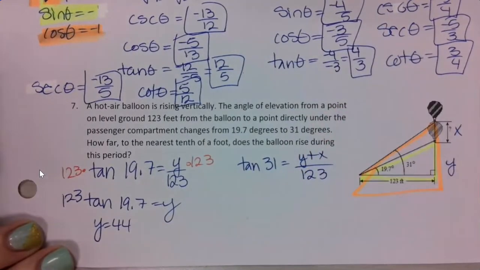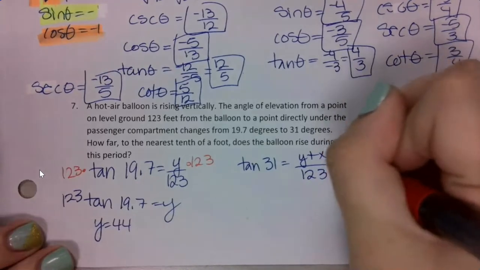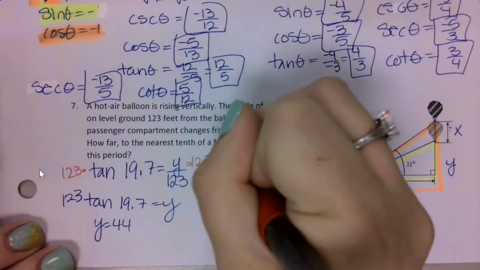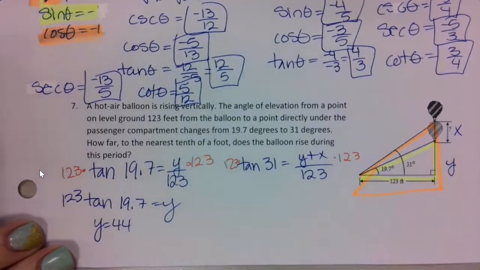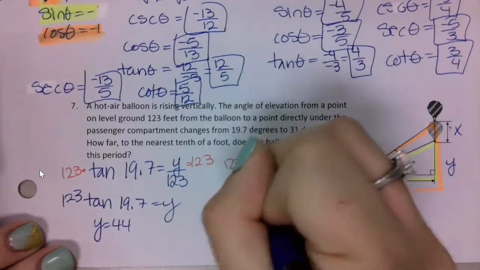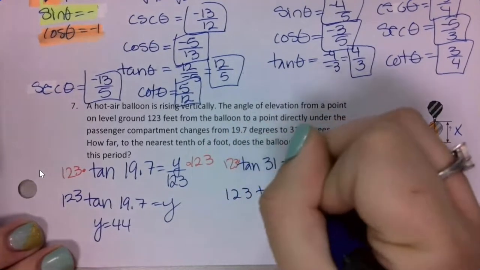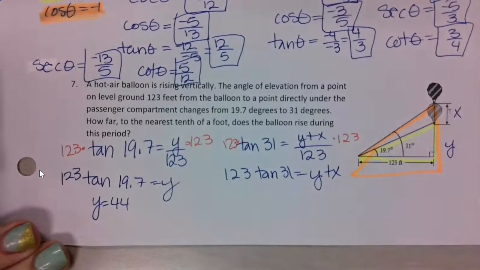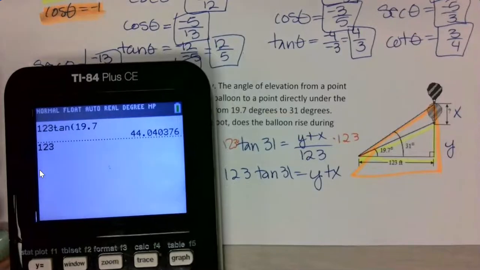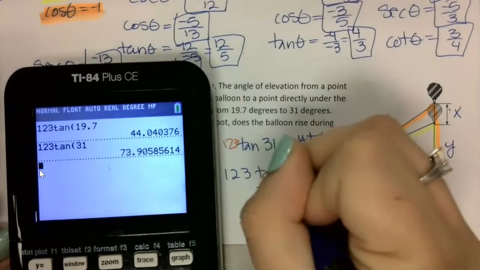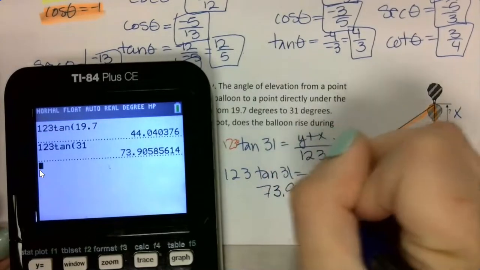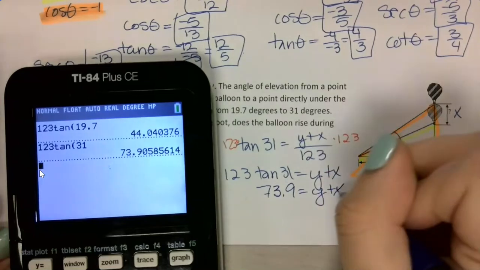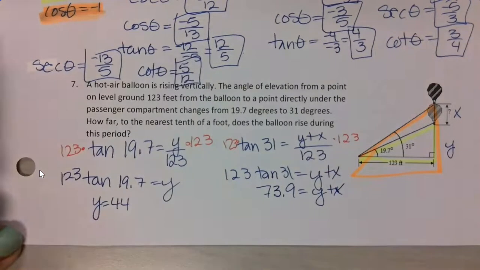I want to go ahead and isolate my variables. So I'm going to multiply both sides by 123. I'm going to rewrite this. I have 123 tangent of 31 equals y plus x. So I'm going to type that into the calculator. 31, which gives me 73.9, which is the sum of both of those distances.